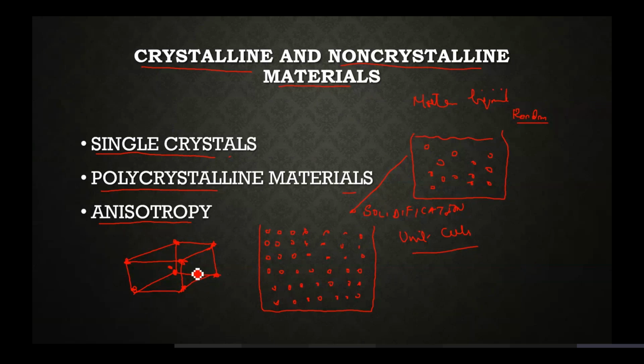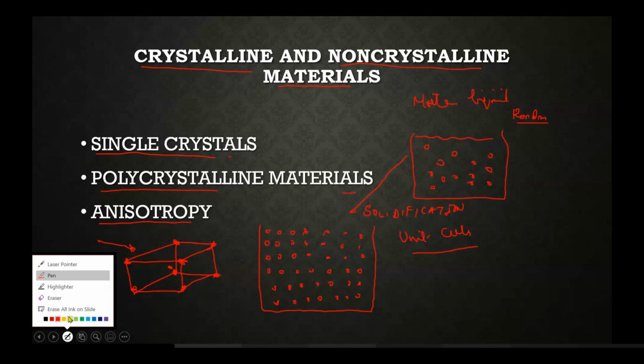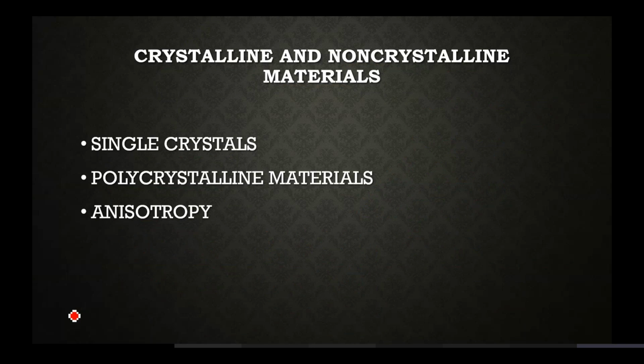This arrangement would essentially remain the same. Atoms would be arranging themselves in this pattern, and this pattern would be repeating. But there is no compulsion on the orientation of this pattern.